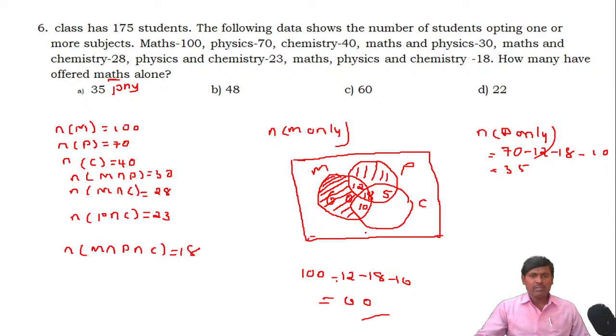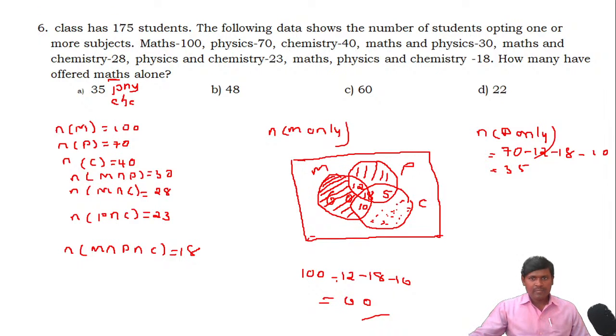Similarly, the question may ask like this also: the number of students offering chemistry alone. Then we subtract.